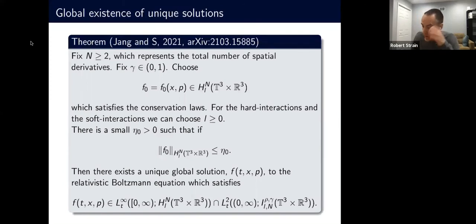The weights are defined by the quantity L. And then there's a small constant eta such that if your initial data is small in the Sobolev norm, then there exists a unique global solution F to the relativistic Boltzmann equation, which is in L infinity H and L, intersect L2 and this space where you have the gain of that gamma, this flat fractional derivative space that I just introduced. So you have a global existence of unique solutions, and they can be smooth.